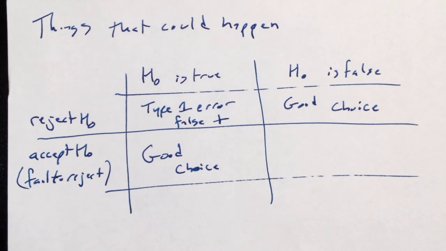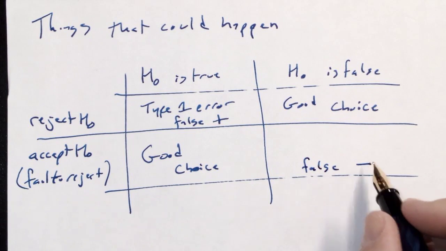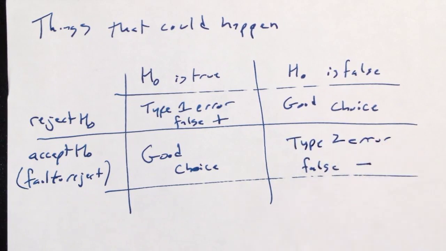That makes sense why I would call it a false positive. I had something true and I said no anyway. I rejected something true. What's my last box? I accepted something false. It shouldn't have been accepted. This is a type 2 error.